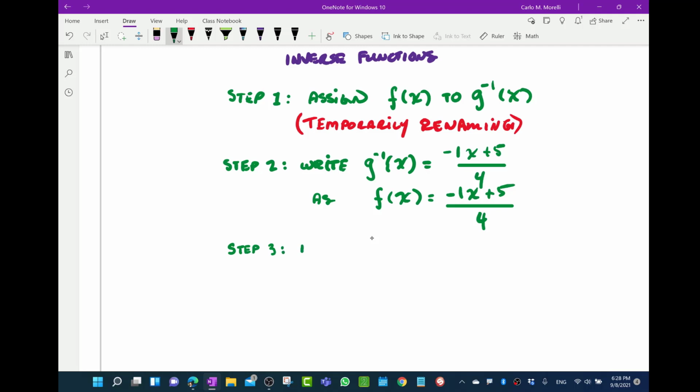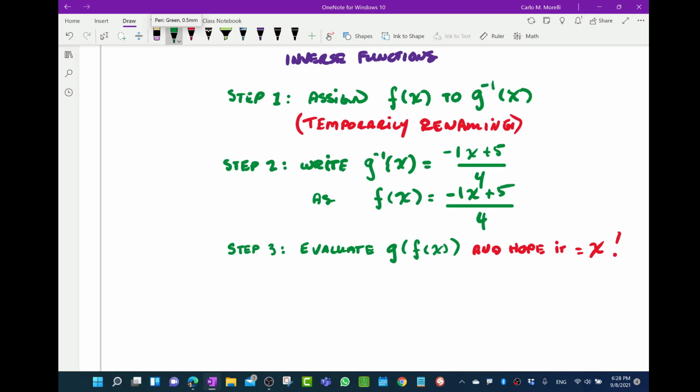We are going to evaluate g of f of x, and then I'm going to put out here and hope it equals x, right? That would be really great news. So let's go ahead and do that.